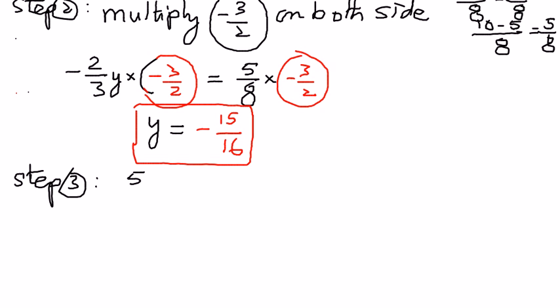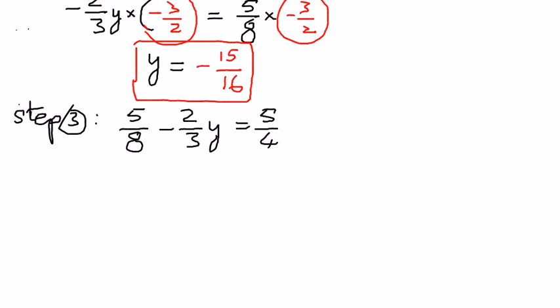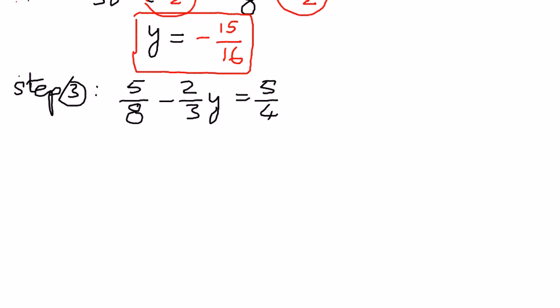So we have the given equation as 5 over 8 minus 2 over 3y is equal to 5 over 4. Wherever we see y, we will substitute the value of negative 15 over 16, and see whether the value on the left hand side is equal to the value on the right hand side.